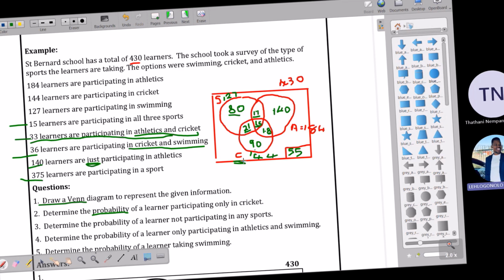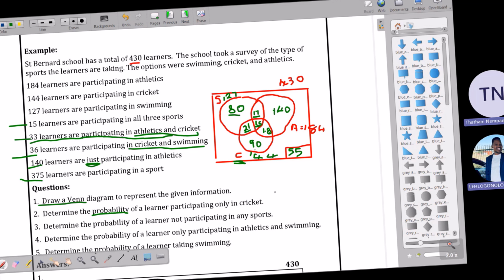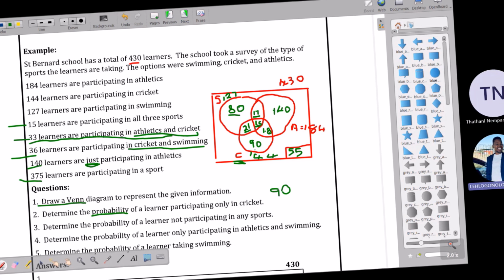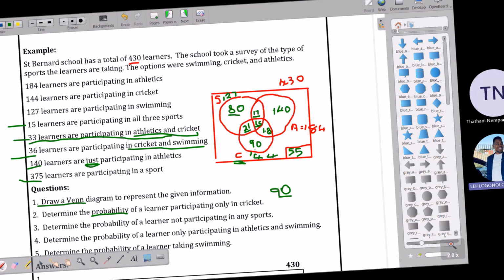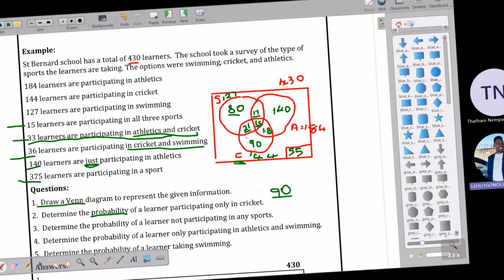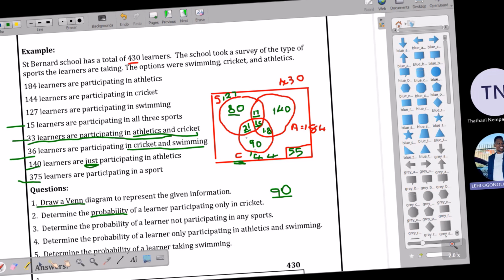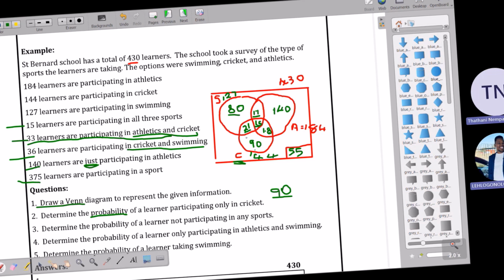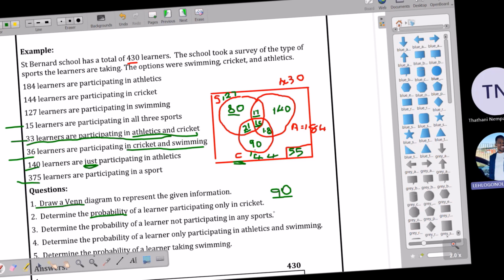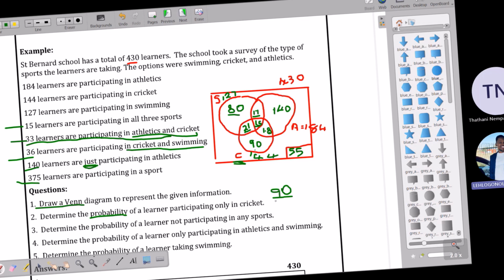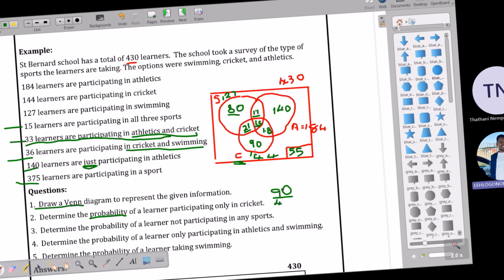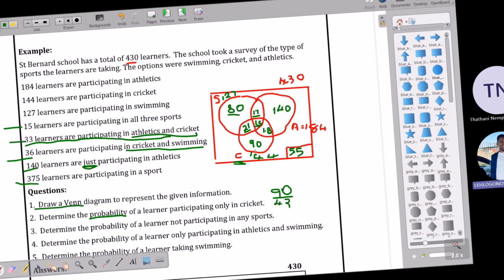Which ones are doing cricket only? 90. Out of how many learners? There are 430. We cannot use the total of cricket only. We use the total of participants that are available in the event, always.